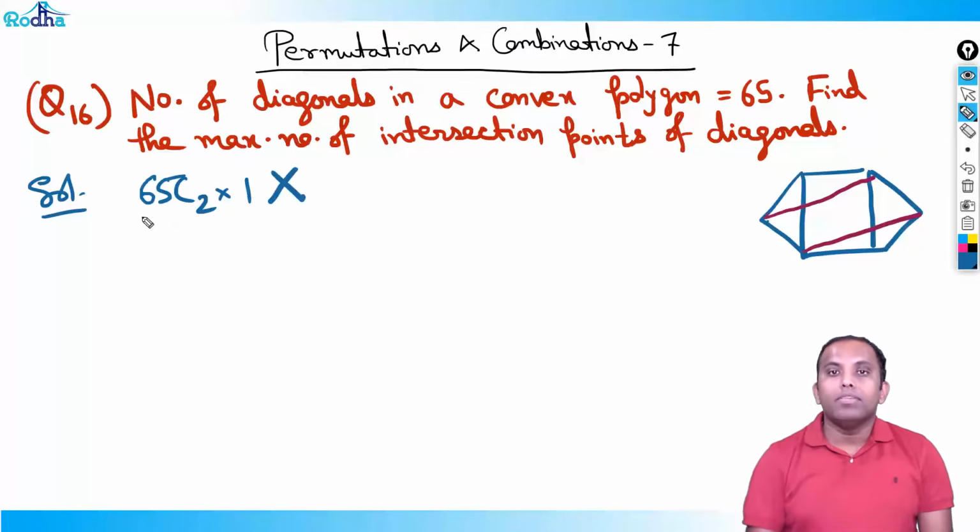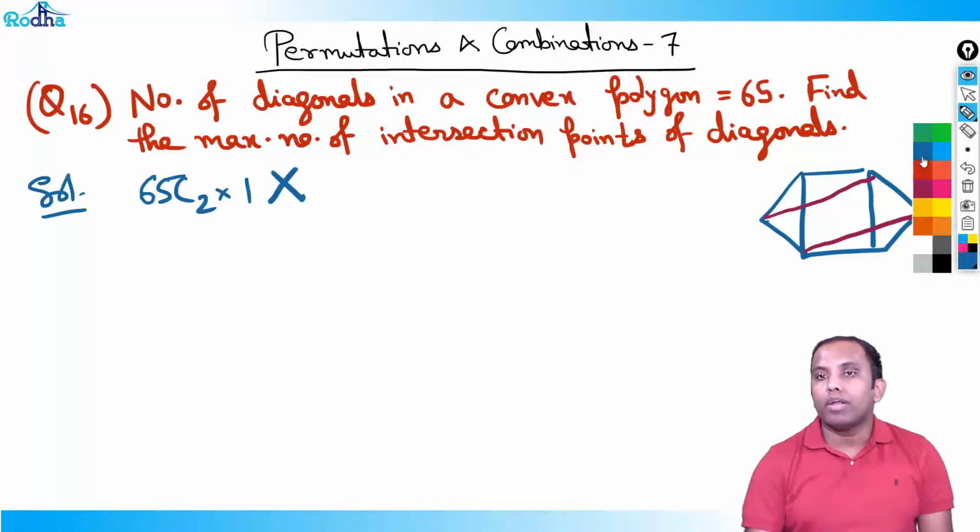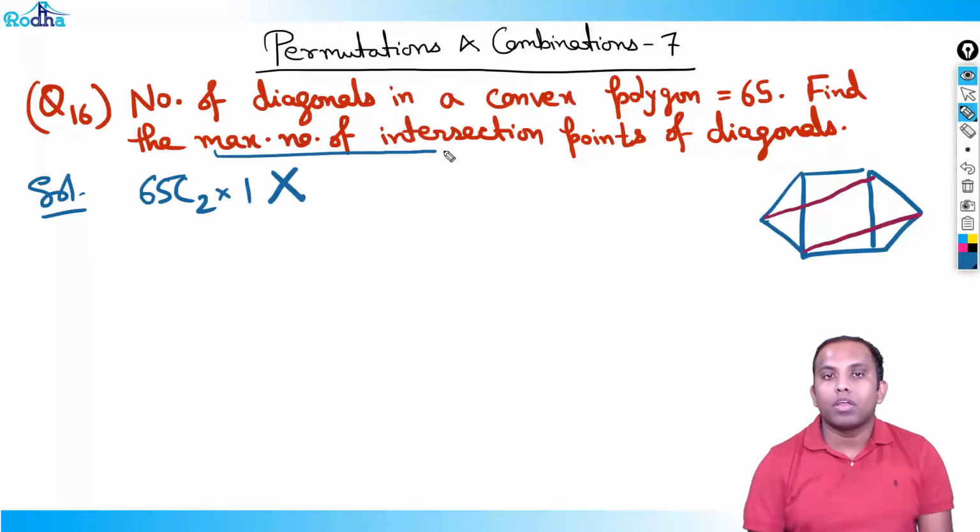So to find the number of intersection points of diagonals, we have to go to the basics again, as I told you in the last video. Go back to the minimum case, and then maximize it.